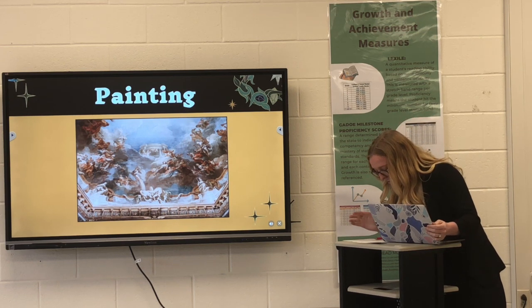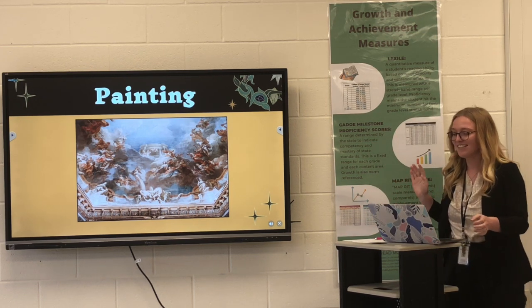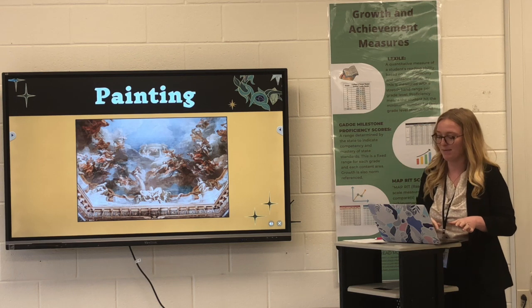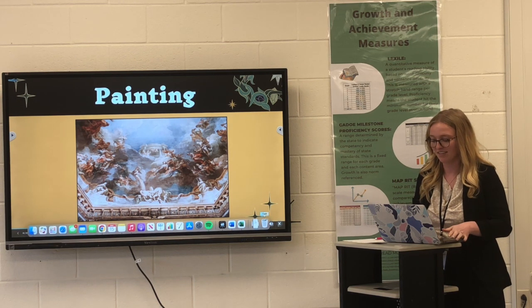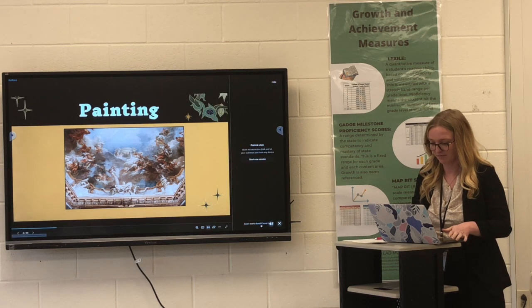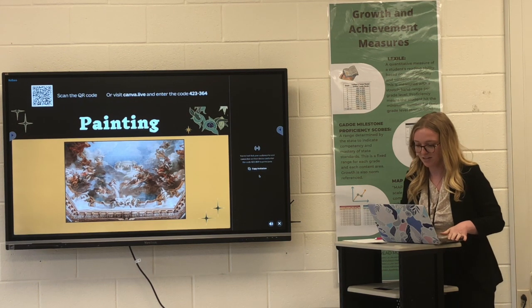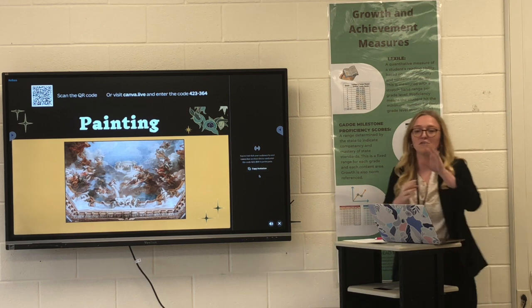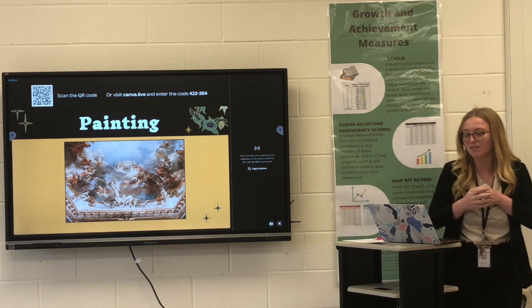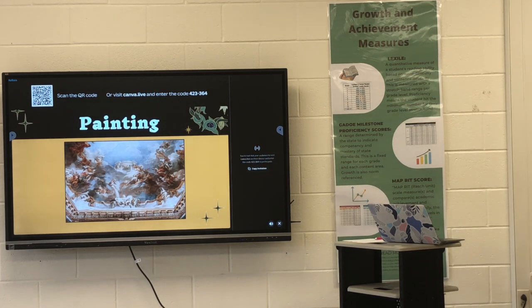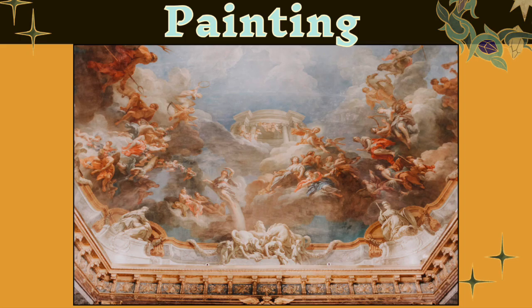Okay, one of the things I want you to do, I'll pull out my little notes because I'm nervous. All right, so if I said analyze this painting, I'm going to turn on Canva Live. You're going to go to canva.live. You can go on your Chromebooks or on your phone. I want you to analyze this painting. Just type in your response.